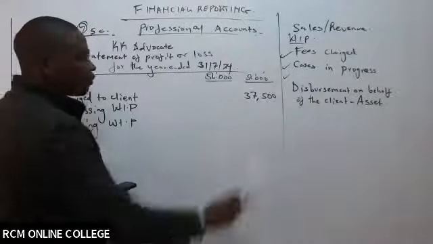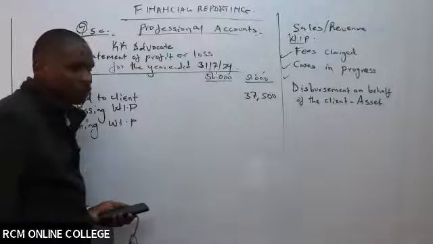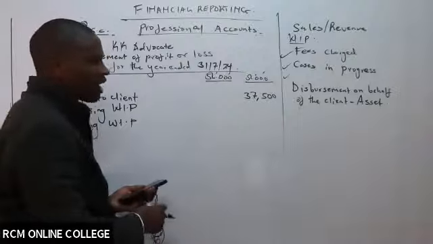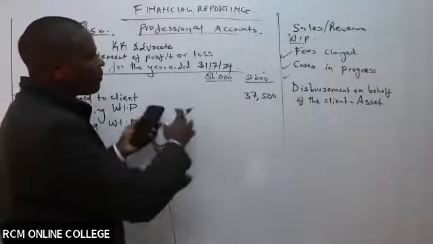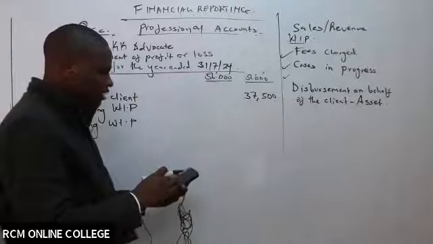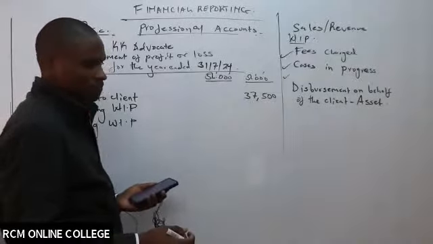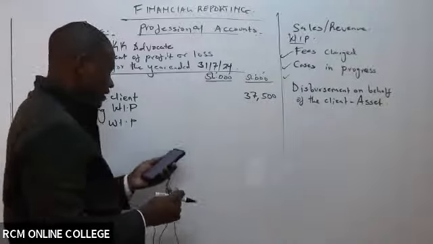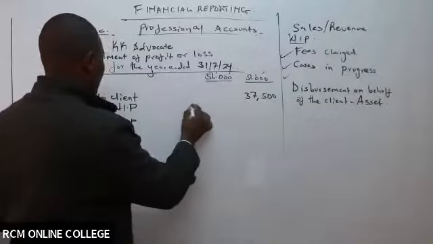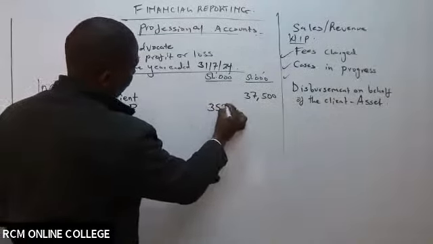What is our closing WIP? Another thing that disturbs students here. It is 3525. Thank you so much, Victor, for identifying that we don't bring the whole figure here. Under additional information, the examiner will give you the whole figure, so when putting the figure here, we just eliminate 3 zeros: 35, 25.